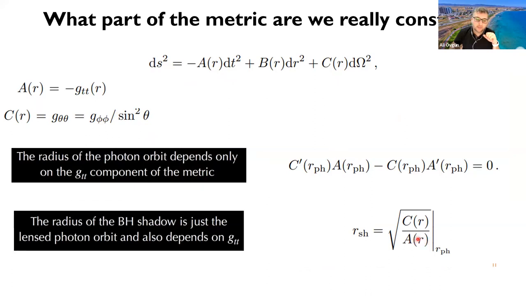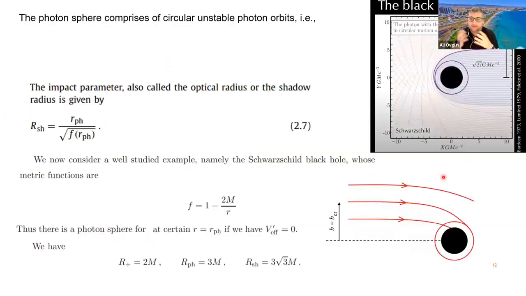So it only depends on the A function and also the C function here. The photons, when entering a black hole system with different impact parameters, the photon with a critical impact parameter ends in a circular motion around the black hole, or we can say that the photon sphere is the location where gravity is so strong that light can travel in a circle. So this photon sphere is very important.